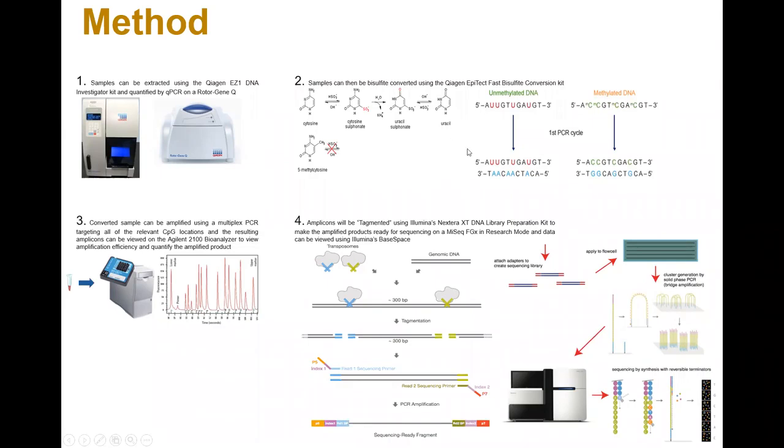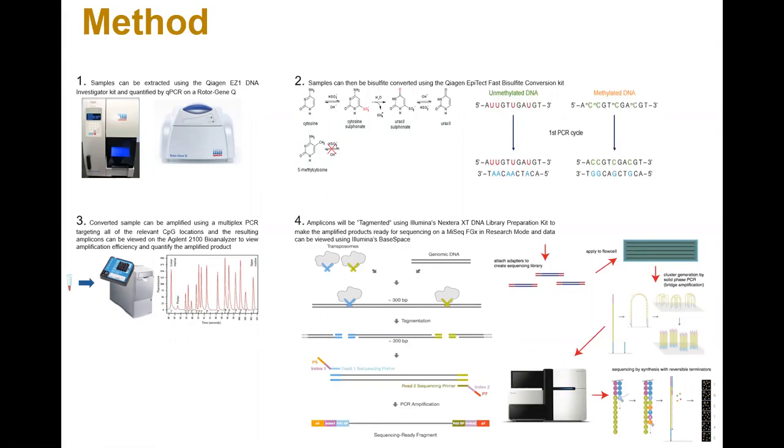What this allows us to do when we're doing our PCR amplification is uracil is going to be base paired to adenine and then back to thymine, whereas our methylated cytosine will remain base pairing with guanine back to cytosine as normal.